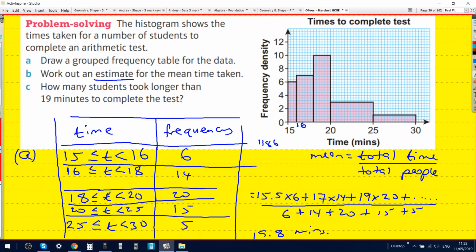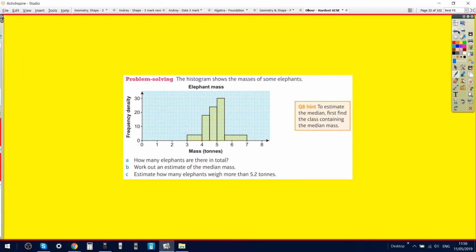You could go halfway in between 16 and 18, which is 17. So it should be a quarter of the way between 18 and 20? 16.5 is a quarter of the way between 16 and 18. Oh, we mean 18.5. Yeah, because it's still in there.